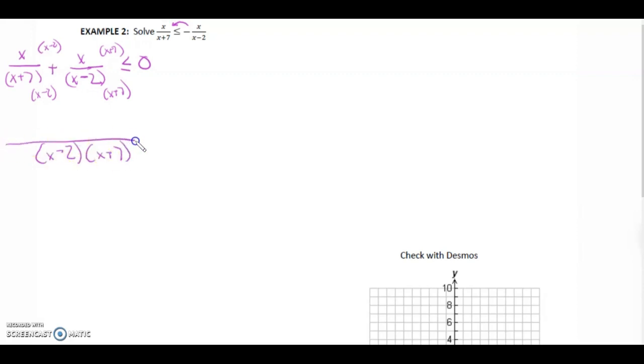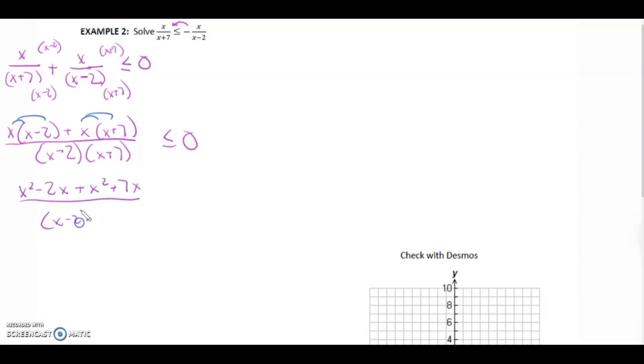Okay, so when I rewrite this, we have the common denominator, and then x bracket x minus 2 plus x bracket x plus 7. In these numerators, we have to expand everything in order to collect like terms and then see if we can refactor. So I get x squared minus 2x plus x squared plus 7x all over x minus 2, x plus 7.